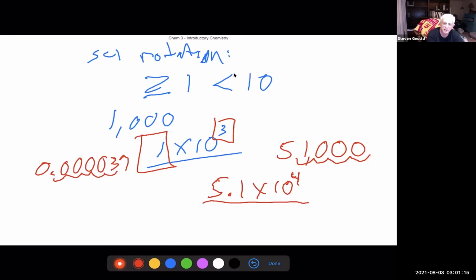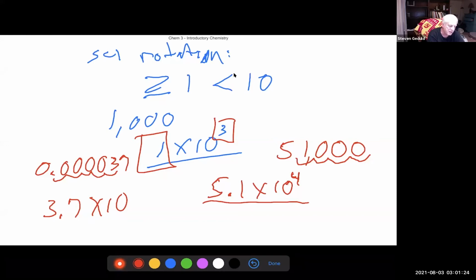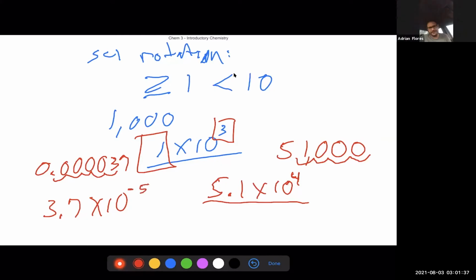So that's 3.7, which is between 1 and 10, times 10 to the, and we did 1, 2, 3, 4, 5 places. And you made that number bigger, right? Because you made it 3.7 instead of 0.000037. So you make this one smaller: 10 to the minus 5. And that's scientific notation in a nutshell.